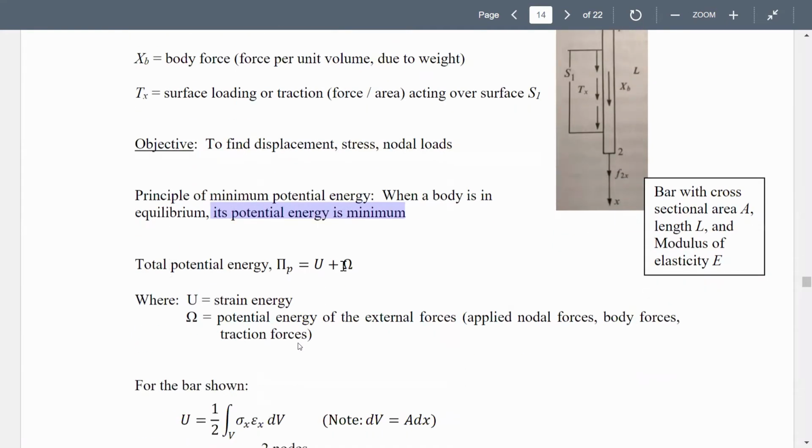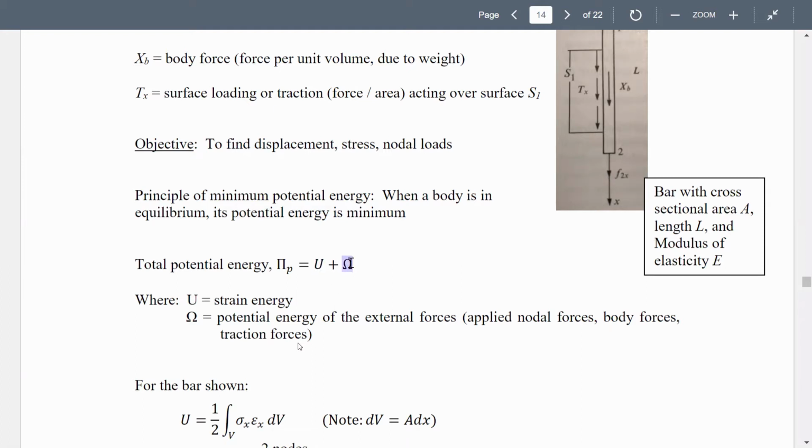So total potential energy is given by U plus omega. U is strain energy. You have it from strength of materials, from your stress analysis course. U is strain energy, or energy of deformation. When a structure deforms, it is like a spring. It absorbs some energy. So this is one energy.